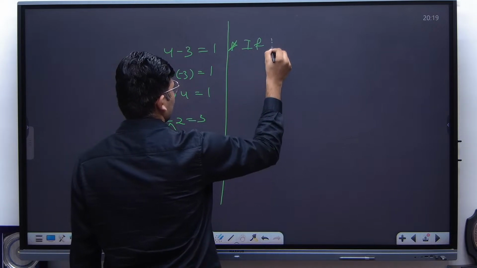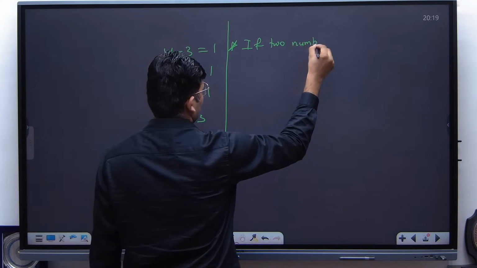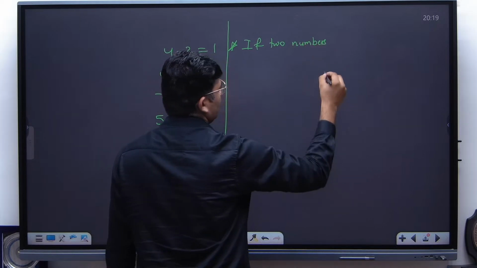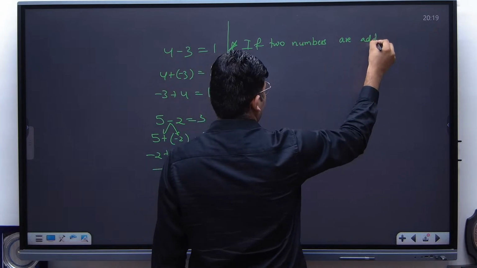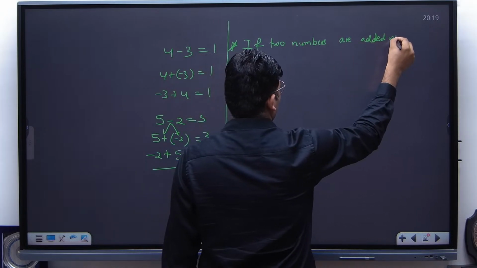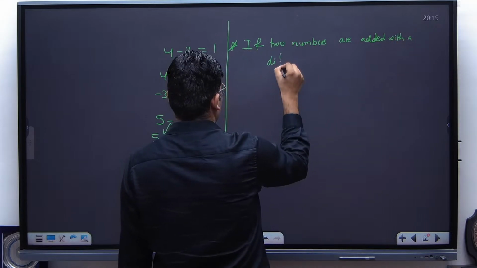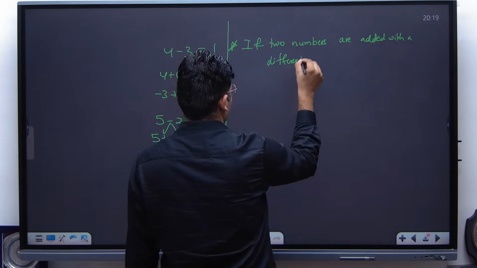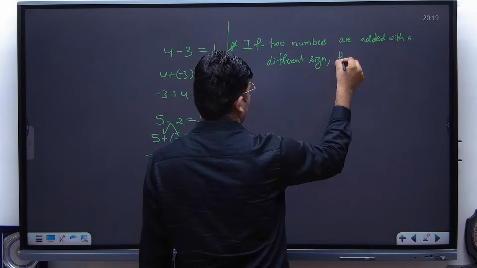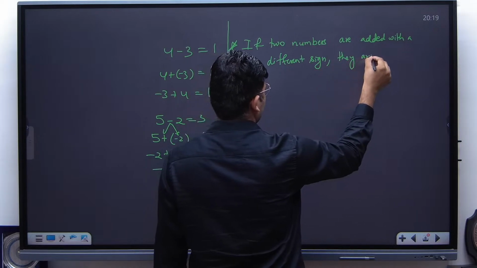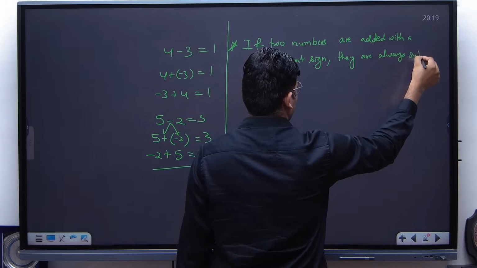If two numbers are added with a different sign, they are always subtracted.